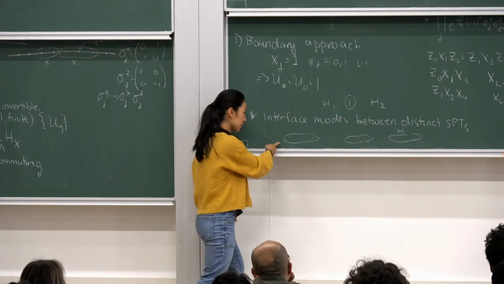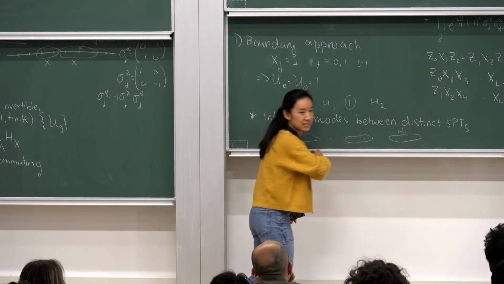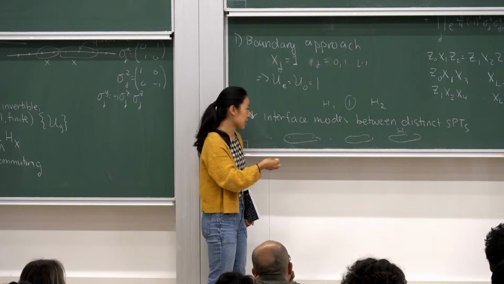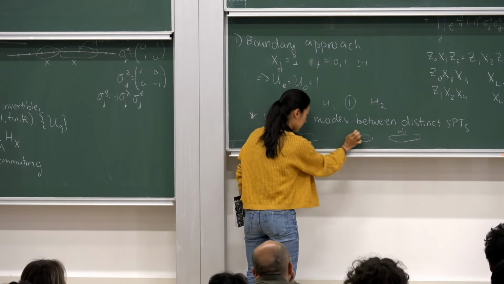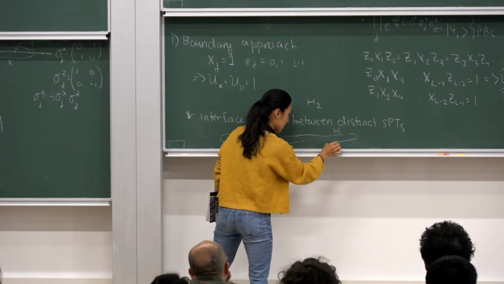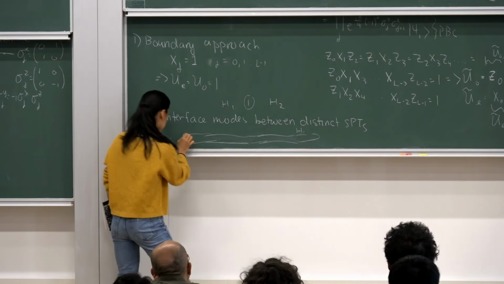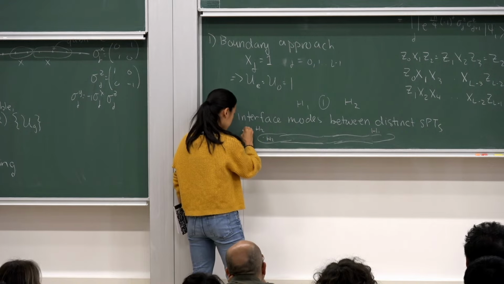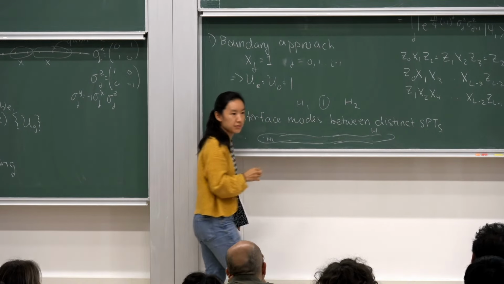If there's a gapped interface between all these, then this is just a symmetric operation. Then in a second step of your local unitary, you connect all of these and remove the patches of H1. And now you've gotten into H2. So this is H2 that you've nucleated out of H1.